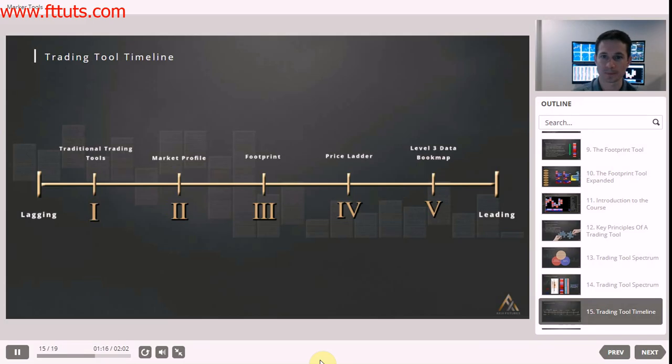type tools. That being said, if we're looking at specific turning points in the market or key absorption points, in those instances, we don't want to use things like level 3 data from Bookmap or the price ladder, because in those instances, the information is too quick and it's too leading that it won't add value to our trade strategy.